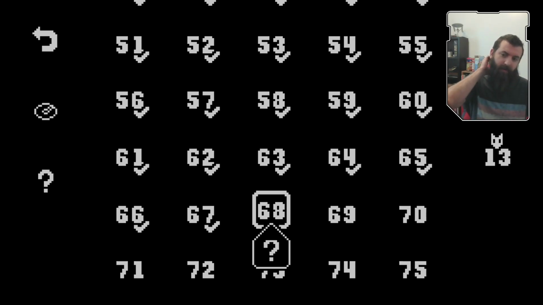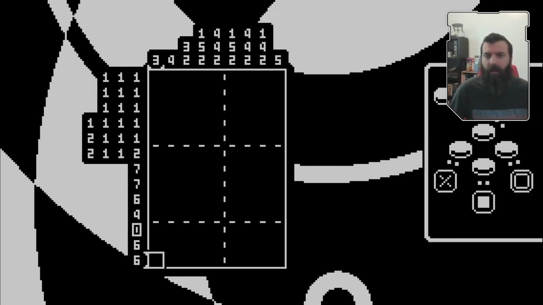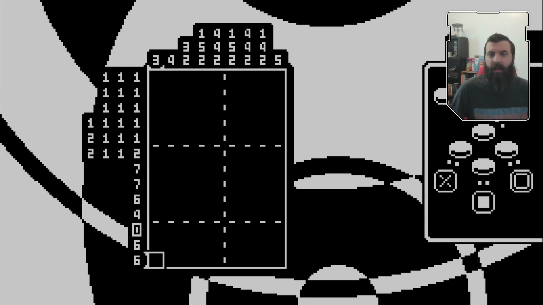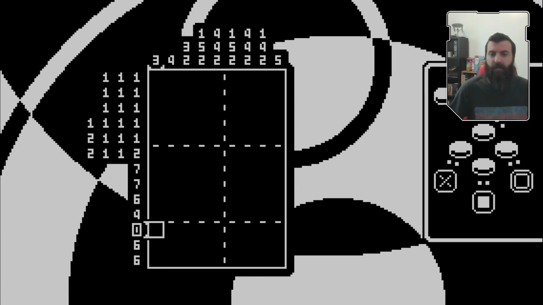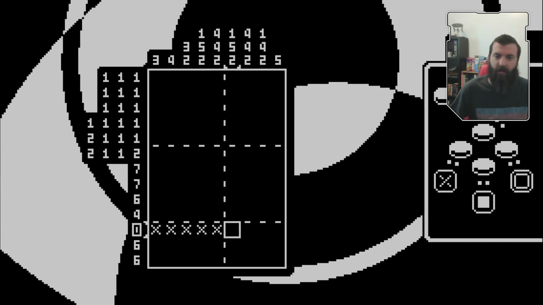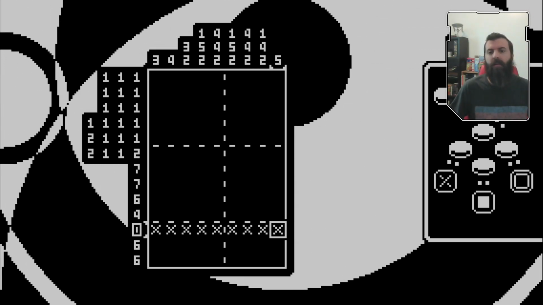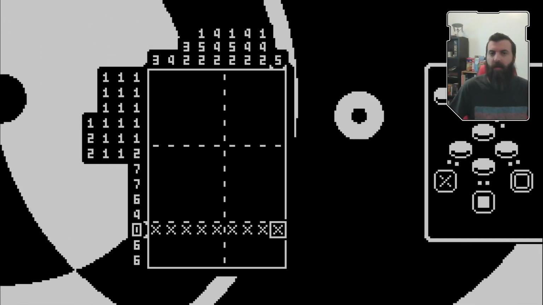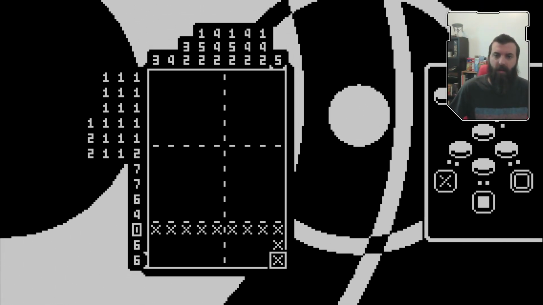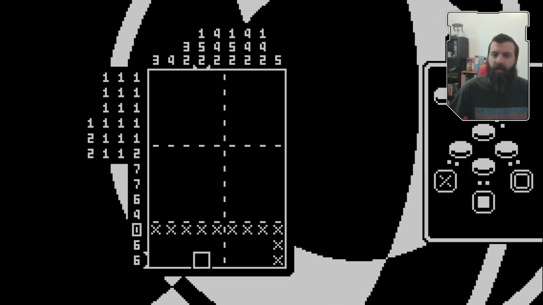On to Nonogram 68. Nonogram 68 is 9 pixels wide by 13. Oh, we've got an 8 gimme. 0 pixels across this row. That then lets us know, alright, we couldn't fit a 5 here.